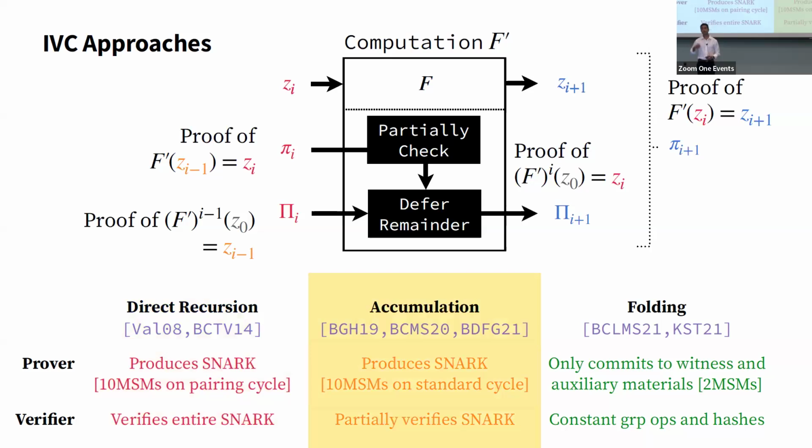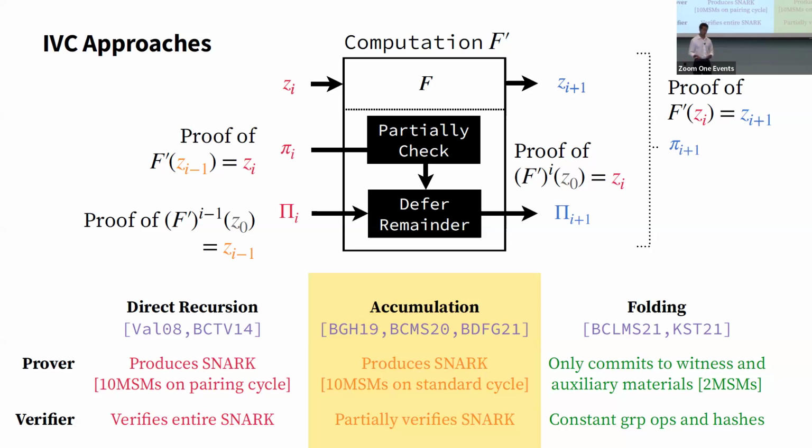So to get around the concrete costs of direct recursion, in 2019, Bowe, Grigg, and Hopwood introduced a fundamentally new approach, now dubbed accumulation. And the core idea here is, let's not verify the entire SNARK per step of execution. Instead, let's only partially verify it, and then compress the rest into something called an accumulator. This accumulator is designed in such a way that you can compress as many SNARKs as you'd like into it, but it still does not grow in size.